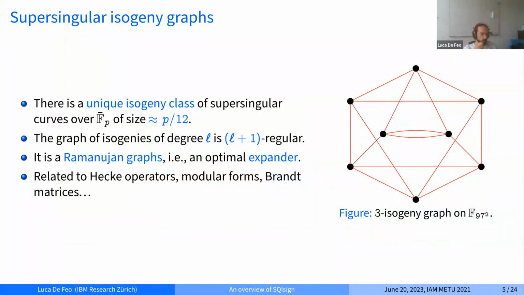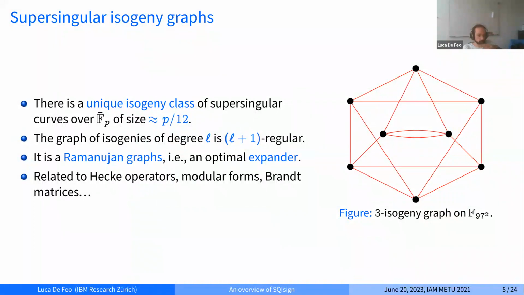For example, what you're seeing in the picture on the right is the graph of all supersingular elliptic curves over the algebraic closure of the finite field with 97 elements, and the isogenies of degree 3 between them. First of all, it turns out that this isogeny class is finite. Even if the algebraic closure of F_p is infinite, there is only a finite number of isomorphism classes of supersingular curves.